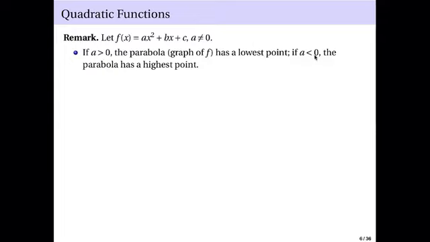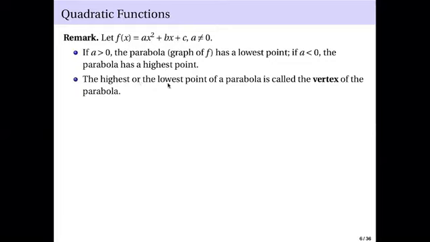If a is less than 0, the parabola has a highest point, because if a is less than 0, the parabola is opening downwards. So a positive, it has a lowest point. A negative, it has a highest point.